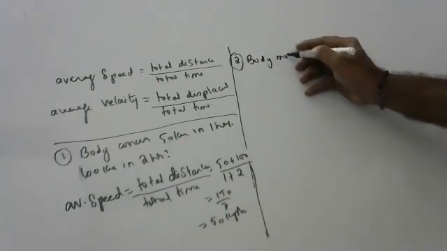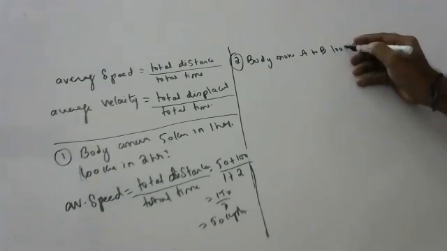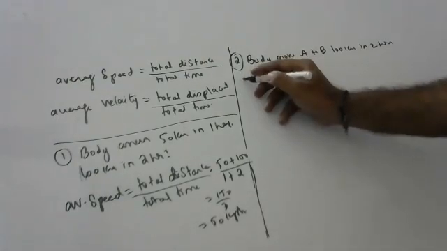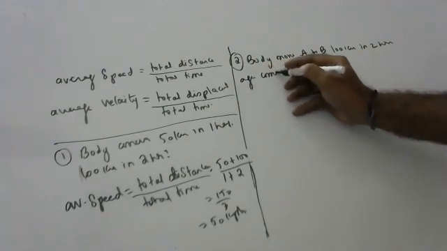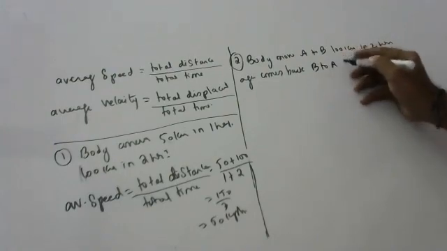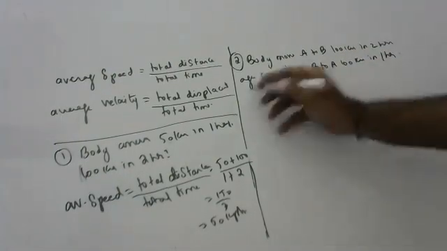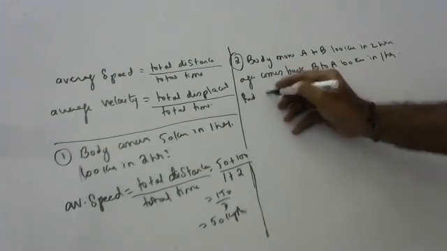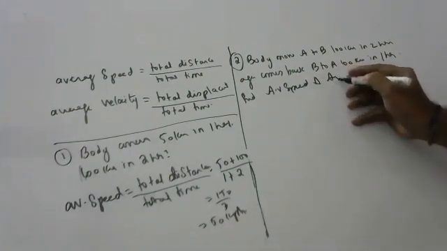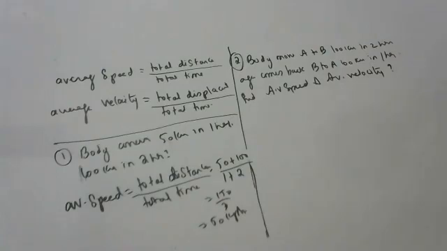A body moves from A to B, 100 kilometers in 2 hours. Again it comes back, B to A, 100 kilometers in 1 hour. The question is: find the average speed and average velocity.